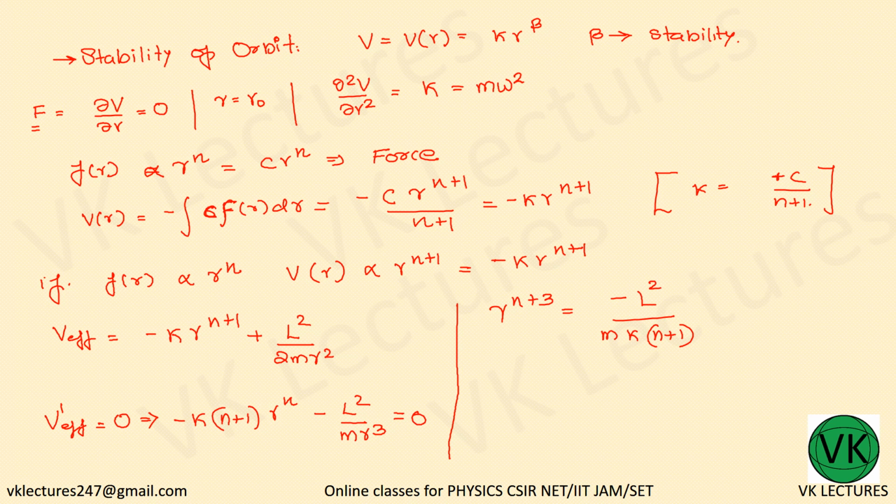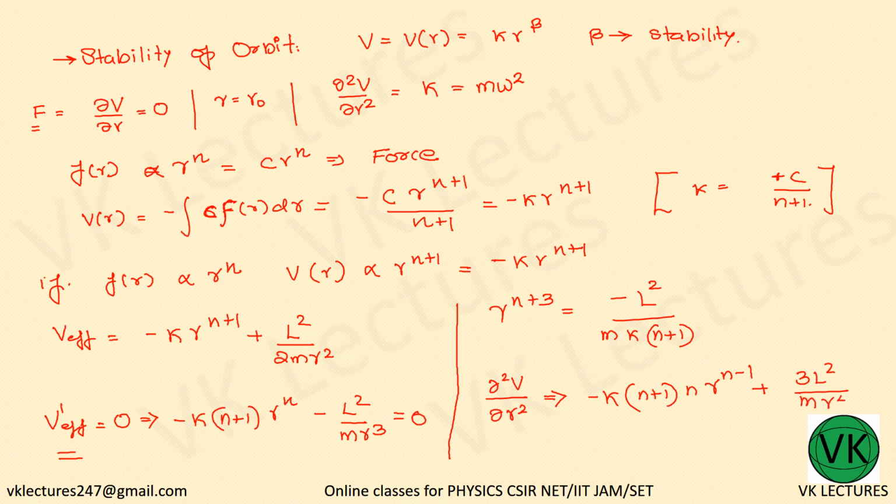Now taking the second derivative of this, dou square v by dou r square. Here the second derivative of the potential, we would get minus k times n plus 1 times n times r to the power n minus 1, plus 3 L square divided by m r to the power 4.